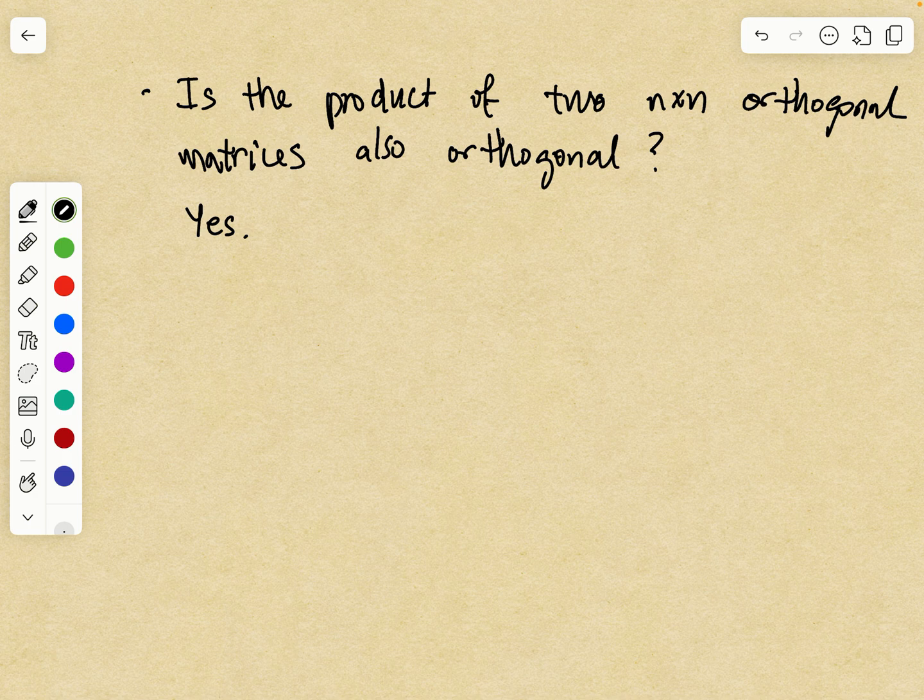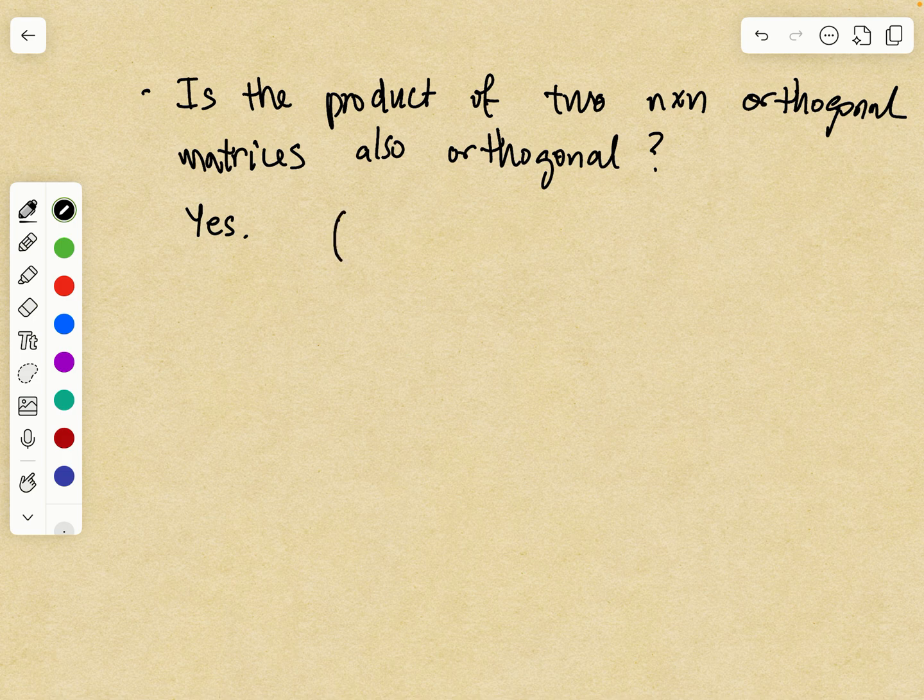The answer is yes. And again, what do we have to do to check that this is in fact a correct statement? We have to take a product of two orthogonal matrices, take the transpose of that, multiply by the product, and check that you get the n by n identity matrix.